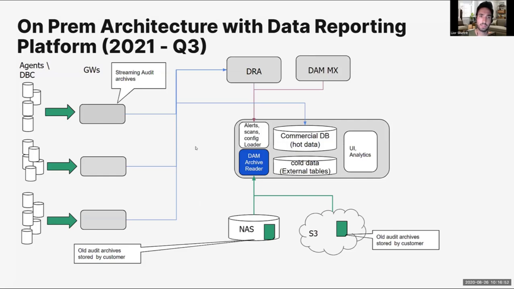This is more like Q3 2021, a goal that we want to have. So the data from the gateways will be streamed to various consumers, such as DRA and our commercial database, which the data reporting platform will use.